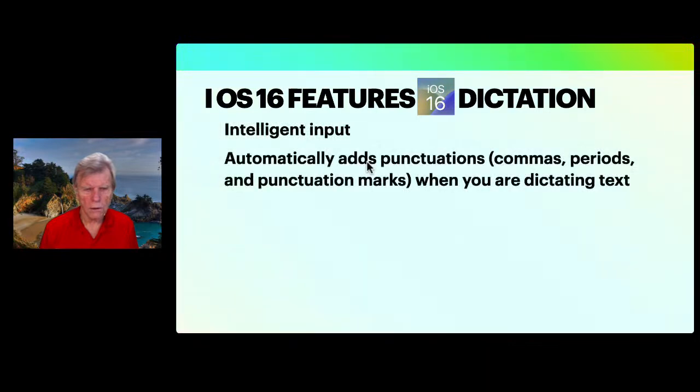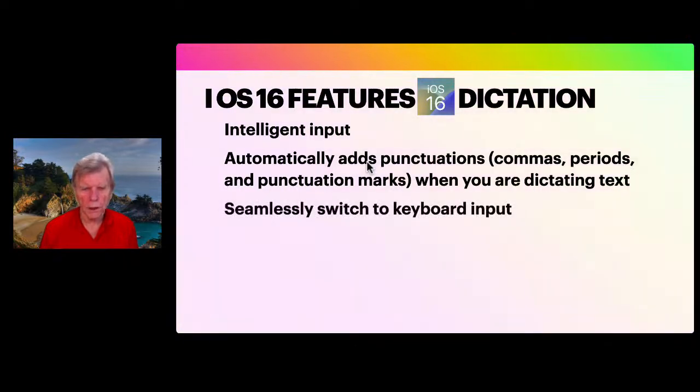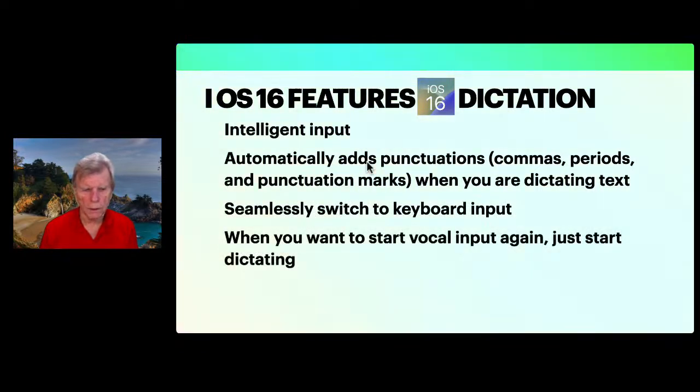It's called intelligent input, and that's the automatic addition of punctuation such as commas, periods, and the things we just reviewed when you're dictating text. You can seamlessly switch to keyboard input, and when you want to start dictating again, you just start talking. So let's see how that works.